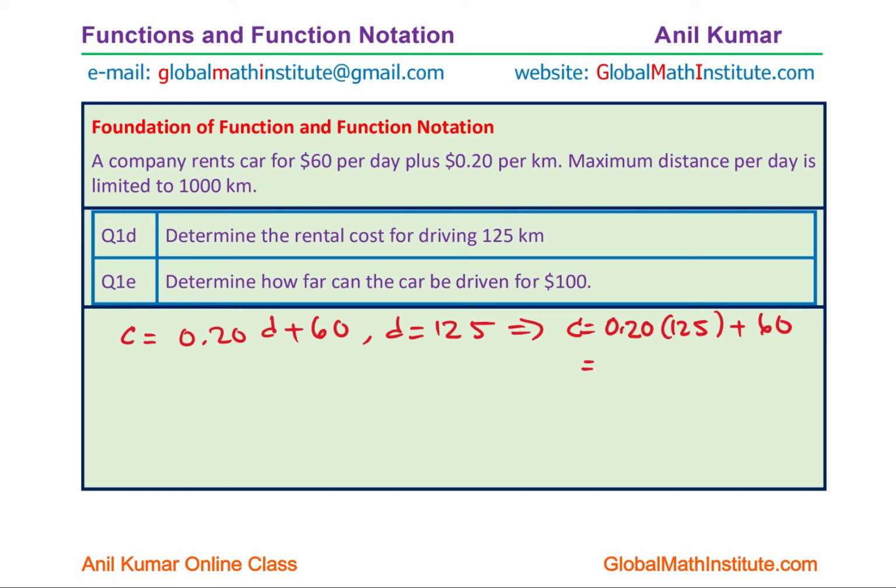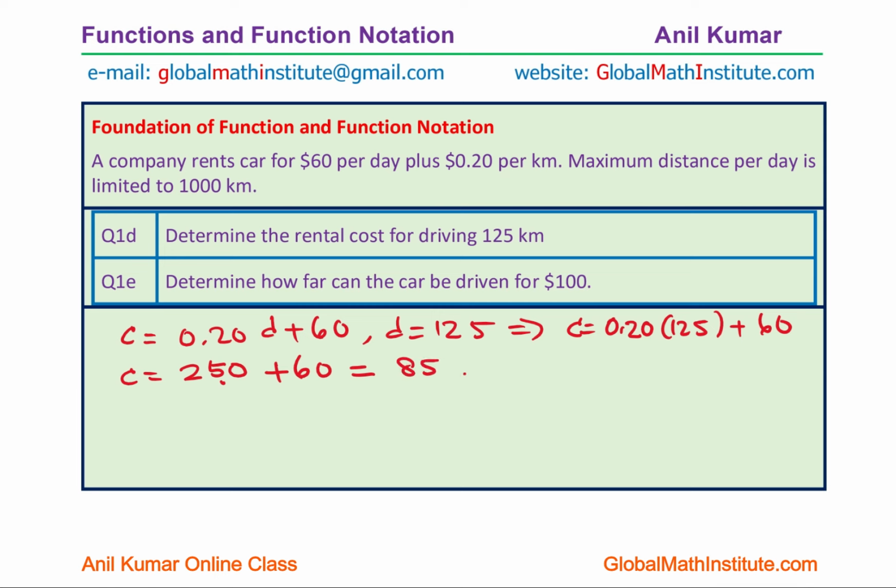So we get the value of C as equal to 0.20 times 125, which is $25. Plus 60. So you get 25 plus 60, which is $85.